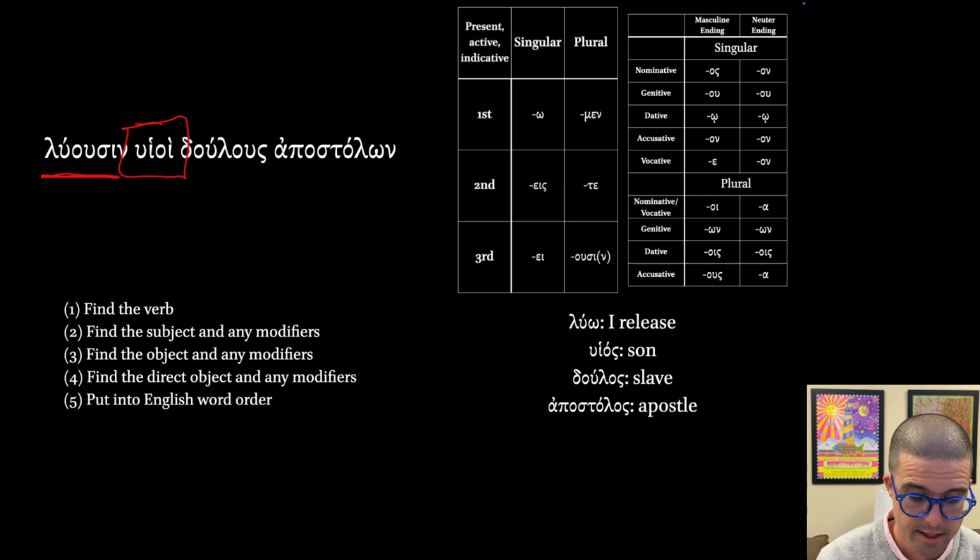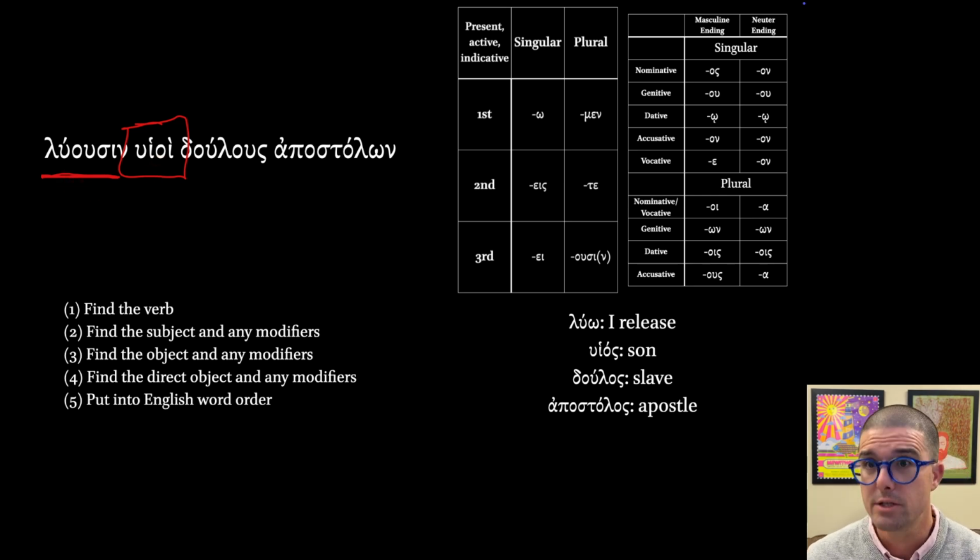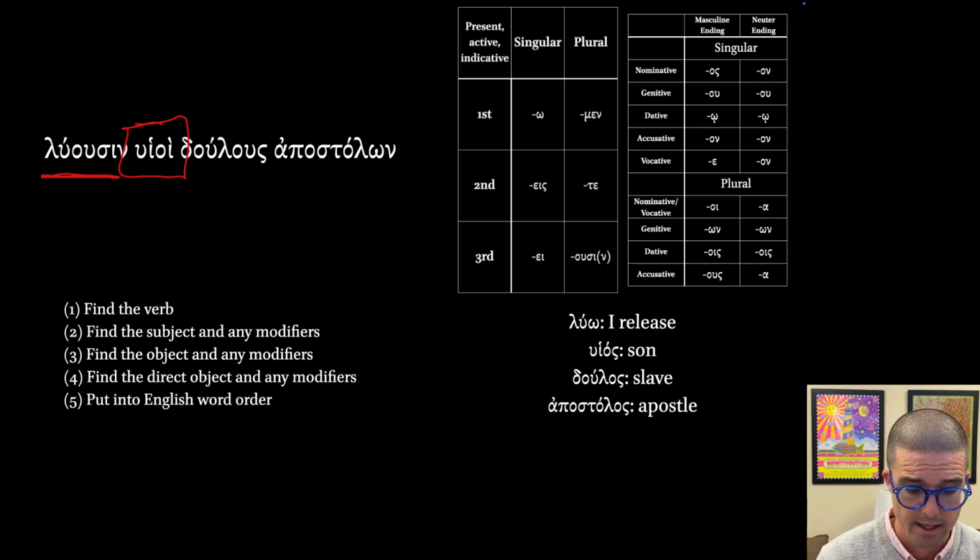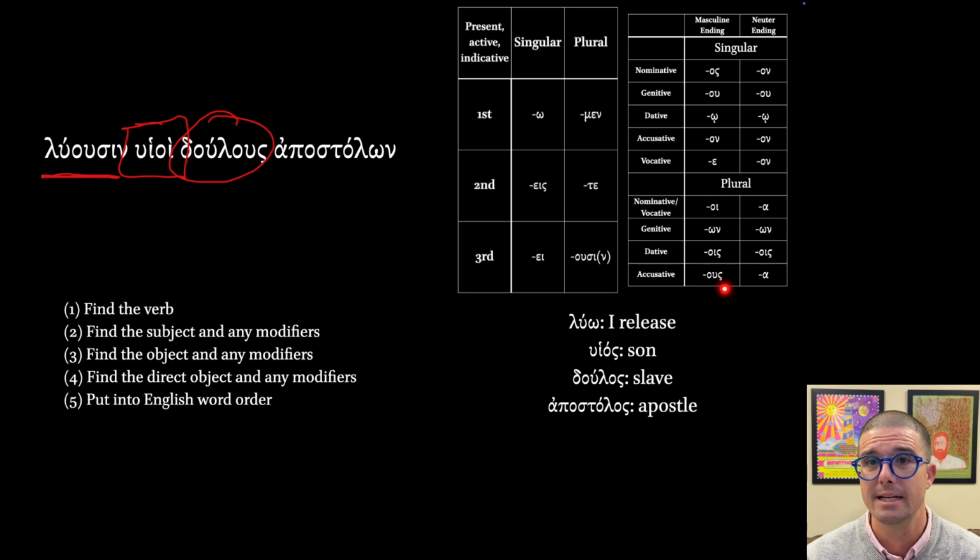So sons loosen or release. And then we need to know what they release. What is the object in the accusative? And we get that with doulous. This ous ending here is the accusative plural masculine ending of doulos, which is slave. So in this case, slaves.